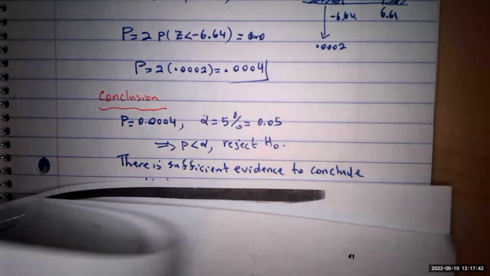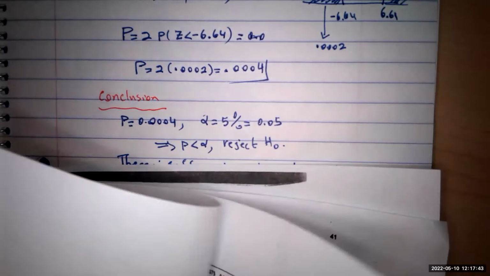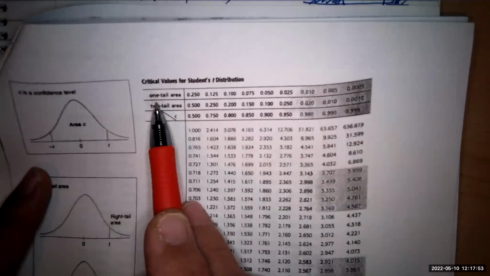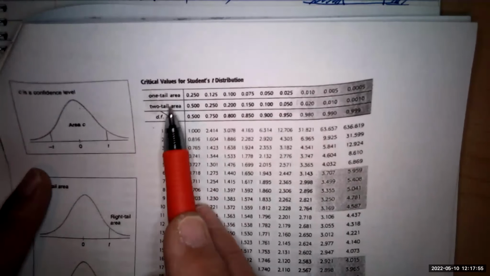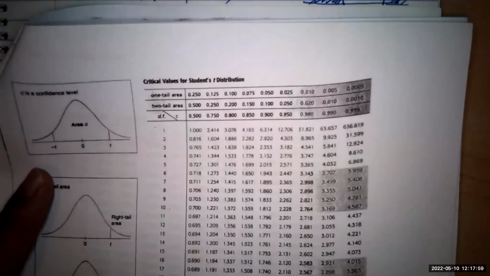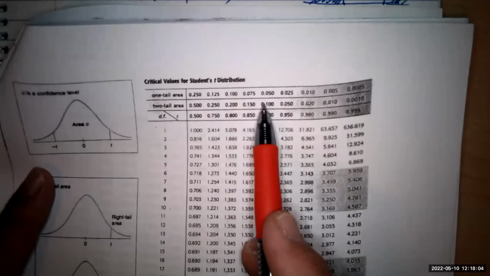Remember the t distribution. You see this one? Previously, we just used this part only. We didn't use the second and the third. Look at the first: one tail area, two tail area. So that would be used when you want to test hypotheses regarding the t. It's a very, very easy method.